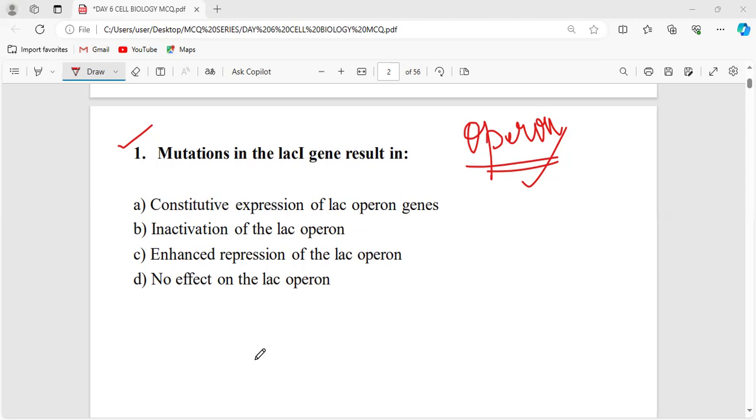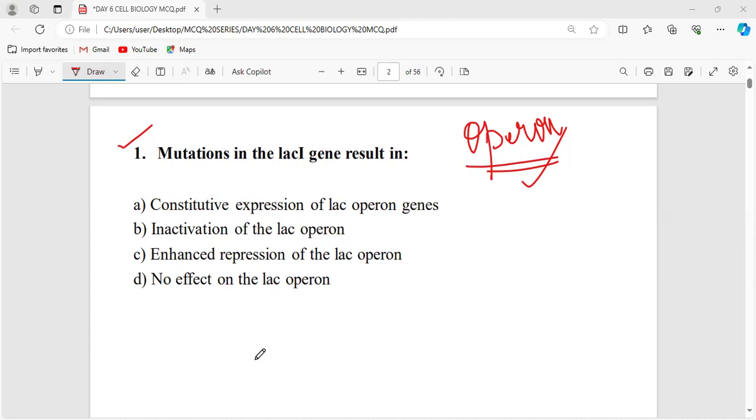If you know the answer, just tell me. If you don't know, just tell me you don't know. But don't be quiet. Generally, the operon happens in prokaryotic organisms.